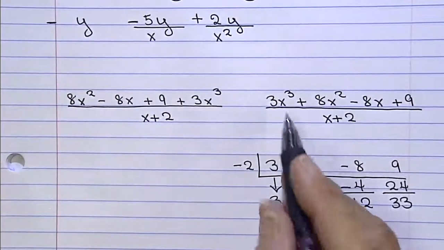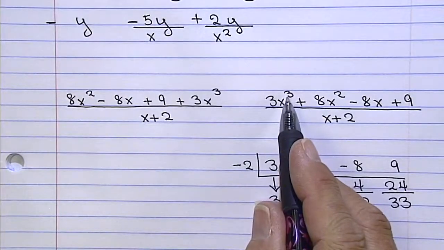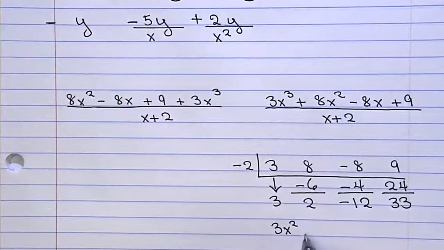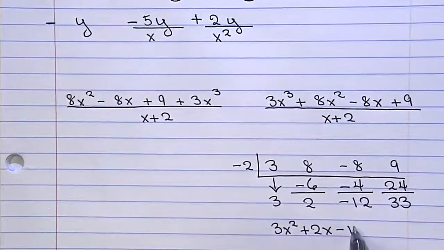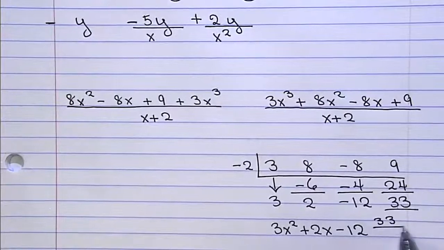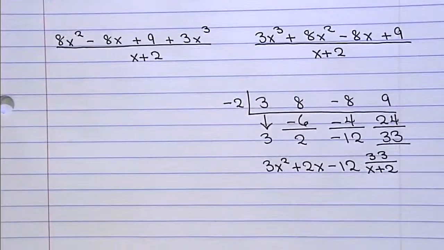So we start with one less exponent, right? I had an x cubed as my first term. My first term is now x squared. So this term must be just plain old x. This one must be just a plain old number, and that one has to be a remainder over whatever I was dividing by, which is x plus 2, right?